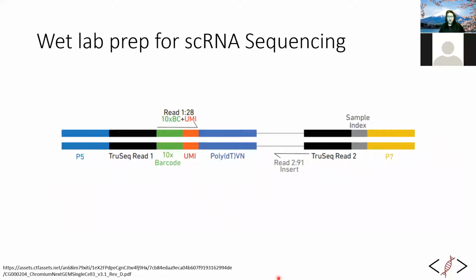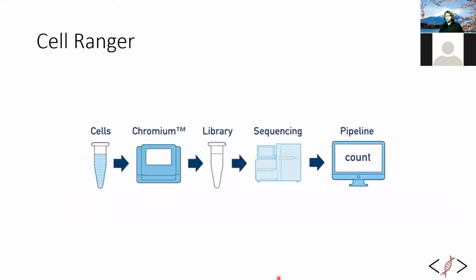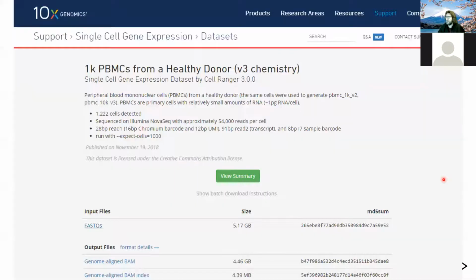Okay, so let's now talk about Cell Ranger. Typically we're going to be focusing on this very last step. They've even called it count here, because that's the function in Cell Ranger you'll typically use. To demo this, I'm going to use the 1000 PBMCs from a healthy donor dataset from the 10x Genomics website.